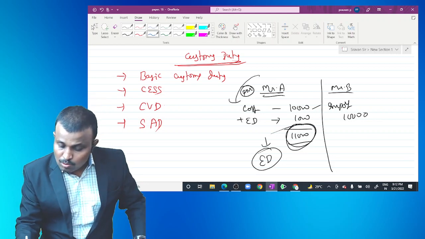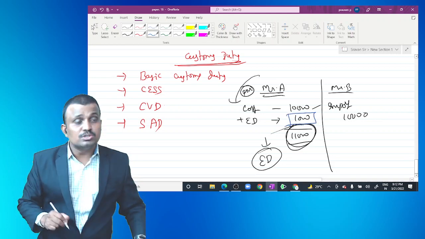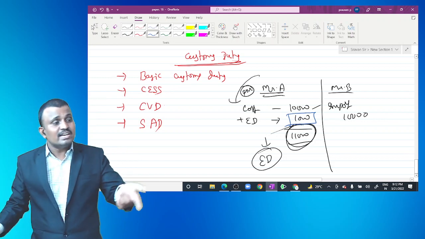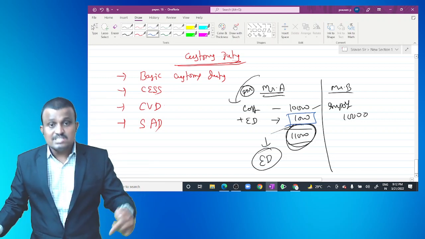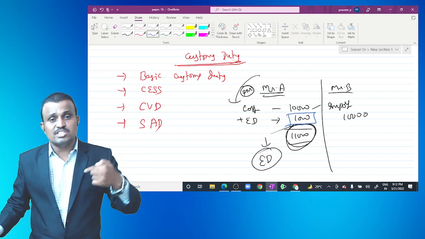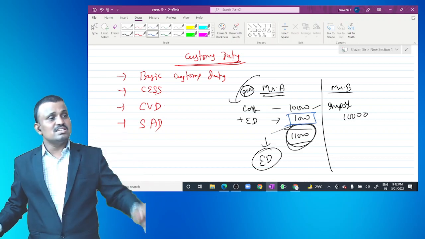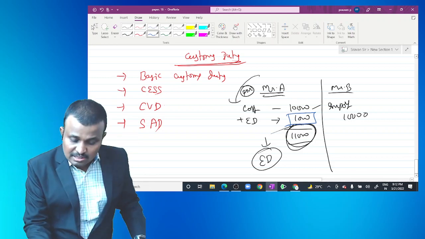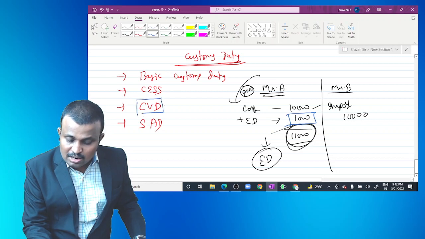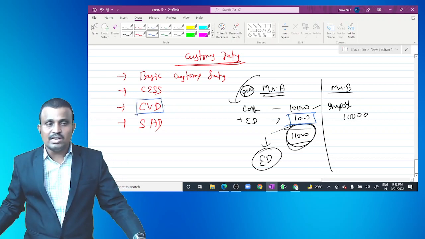To counterbalance the excise duty which is levied in India, if similar products are manufactured in India, one tax is levied at the time of importation. What is that called? Countervailing duty.